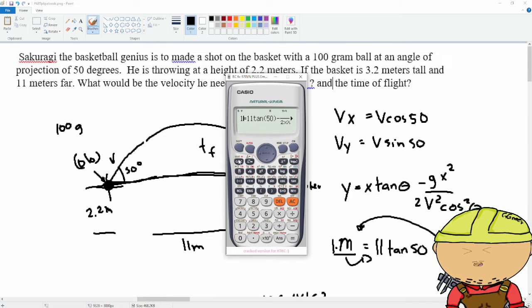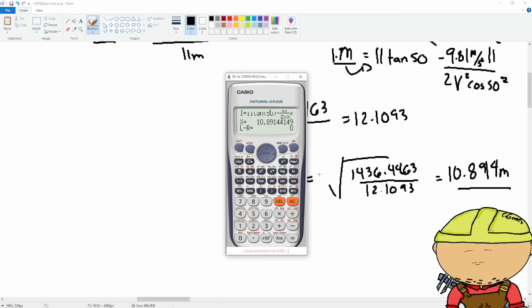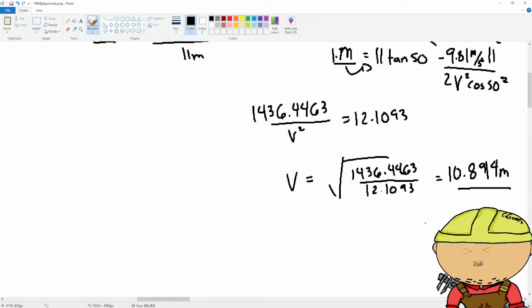Shift solve. 10.8914. Okay, that's the answer. Velocity is 10.8914. See? Very fast.